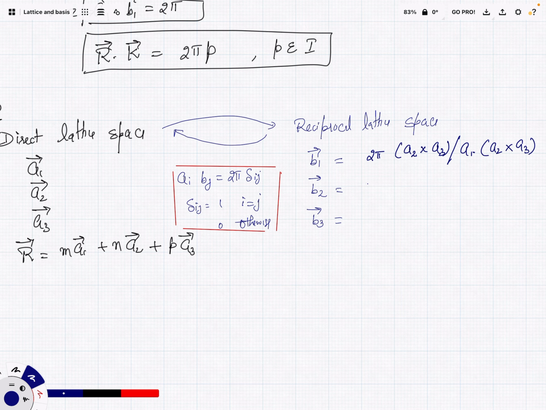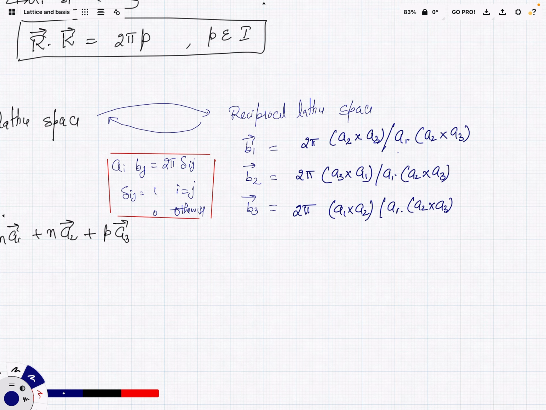Similarly, you can write the others in a cyclical manner: b2 is 2 pi a3 cross a1 divided by a1 dot a2 cross a3, and b3 is 2 pi a1 cross a2 divided by a1 dot a2 cross a3.